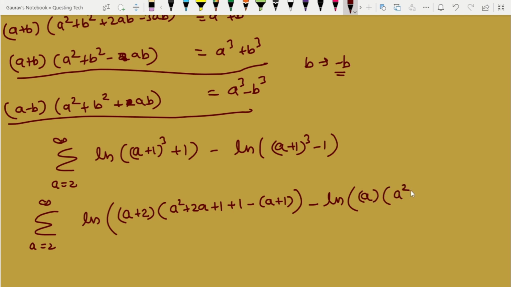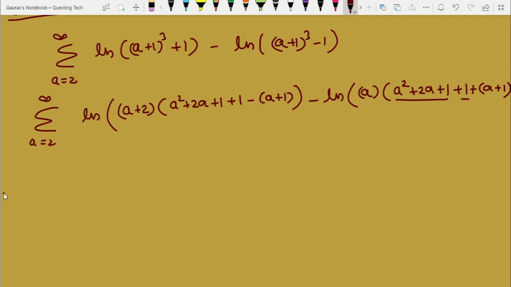And this is a square plus 2a plus 1 plus b square, which is 1, plus (a plus 1). Is it correct? Yeah, sure, it is correct.